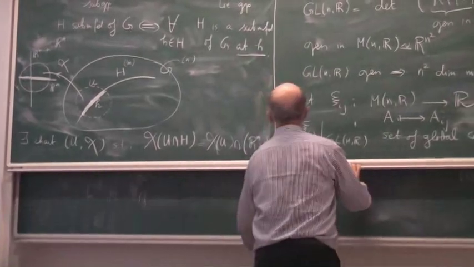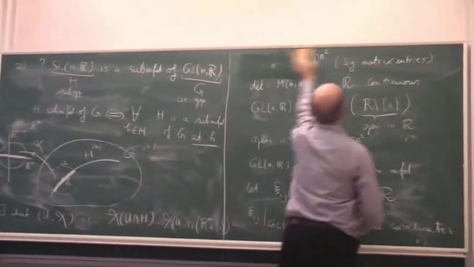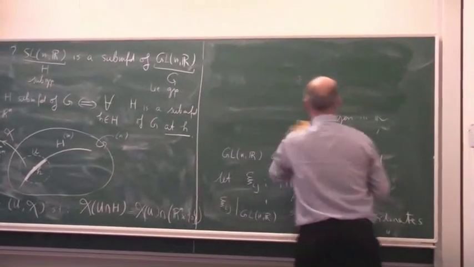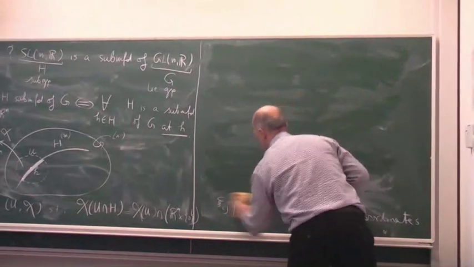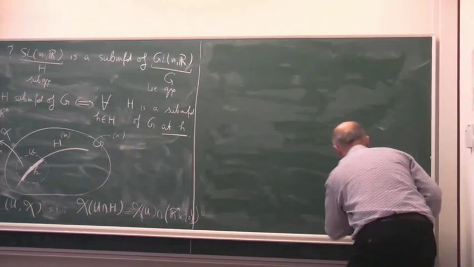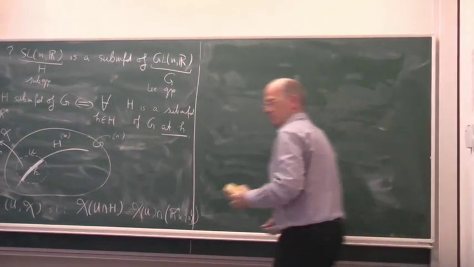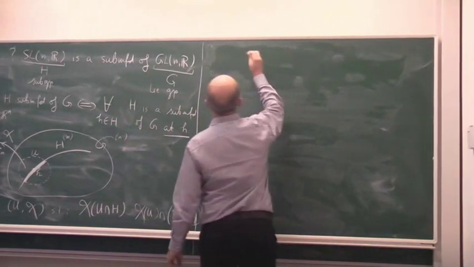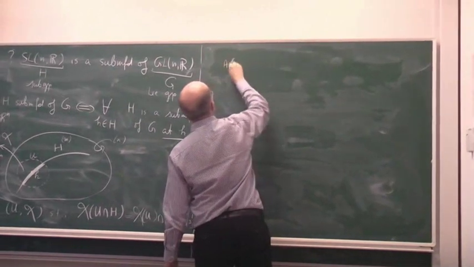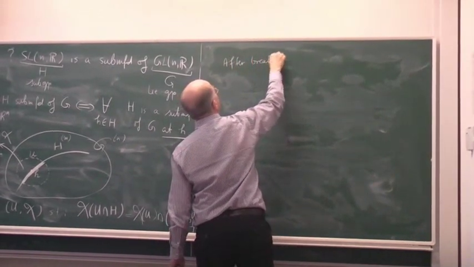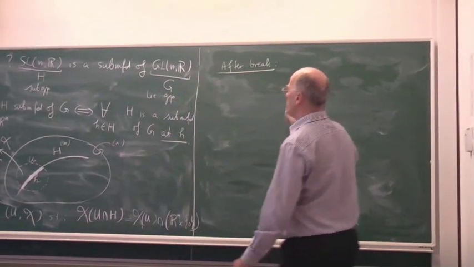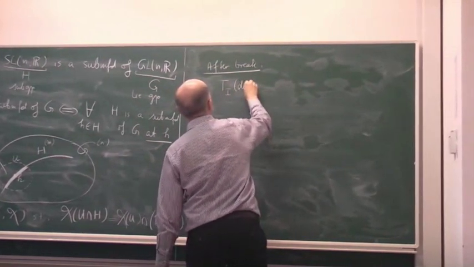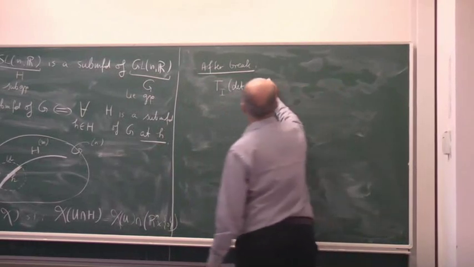Let me see. So after the break, we will do a couple of things. First of all, we will show that the tangent map at the identity element of the determinant map is surjective.